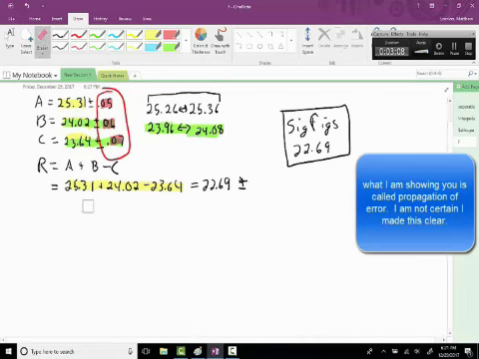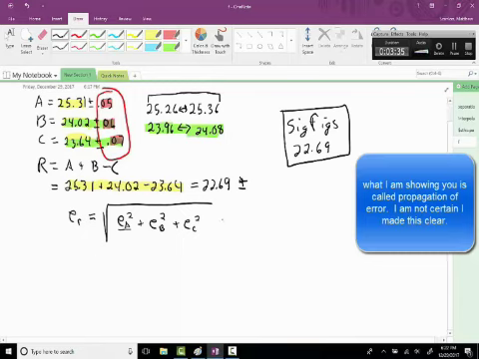So how do I get the error? The error is really simple. The error in the result is equal to the square root of the sum of the squares of the errors of the individuals. So the error in A squared plus the error in B squared plus the error in C squared. Doesn't matter whether you add or subtract, you always add those squares.